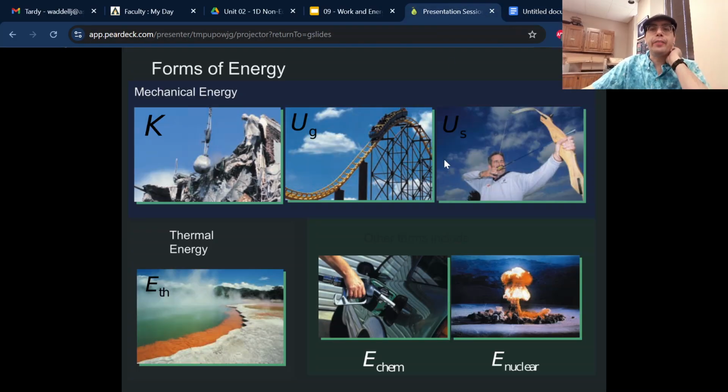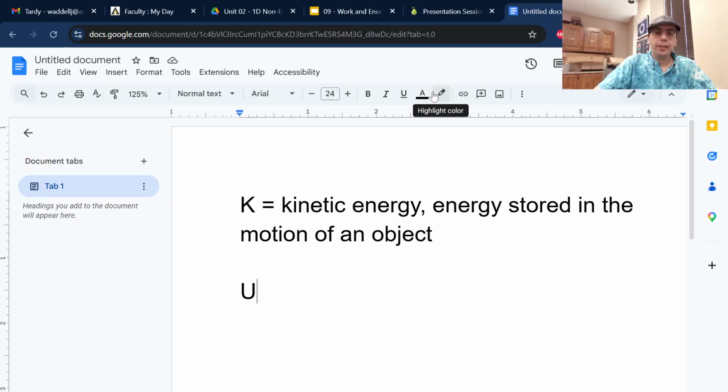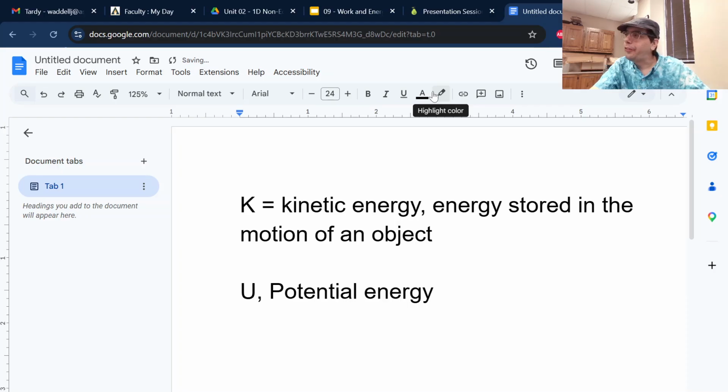And then the next two examples are a U with a subscript G and a U with a subscript S. These are both types of potential energy. There's more than just those two kinds.